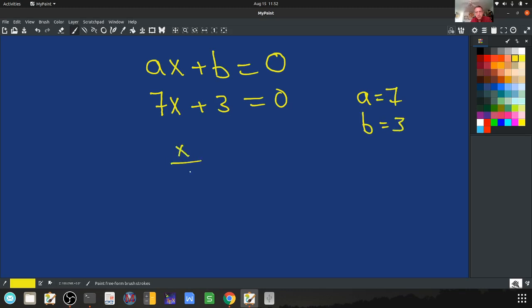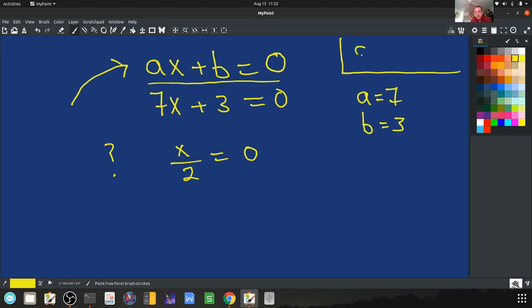x divided by 2 is equal to 0. Is this a linear equation? Well, every linear equation can be expressed this way. And our only restriction, if you recall, is that a, which is called the coefficient to the variable term, is not equal to 0. So I can rewrite this, x divided by 2 is equal to 0, as 1/2 times x.